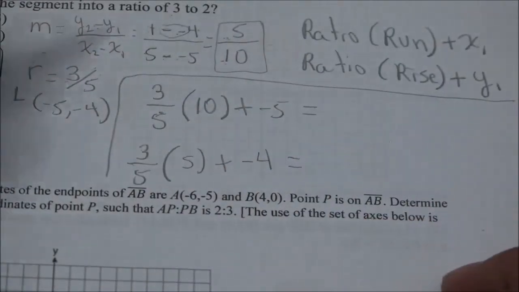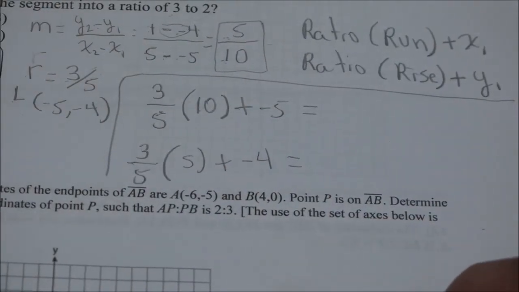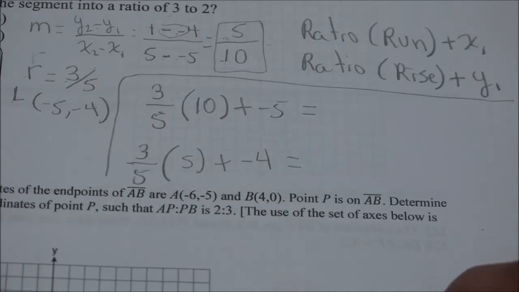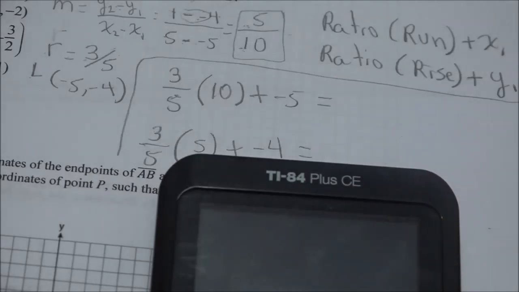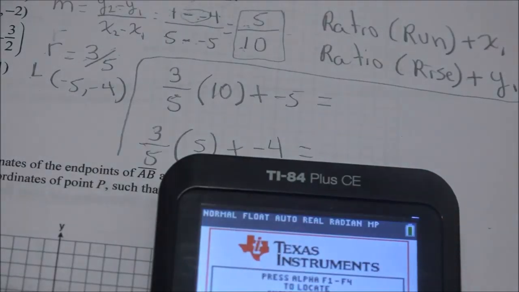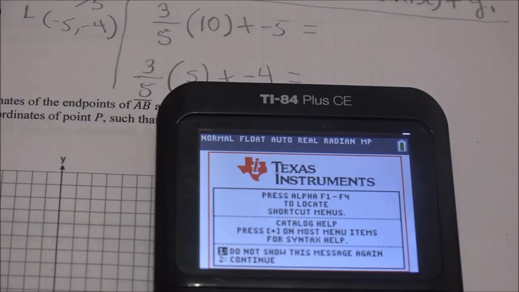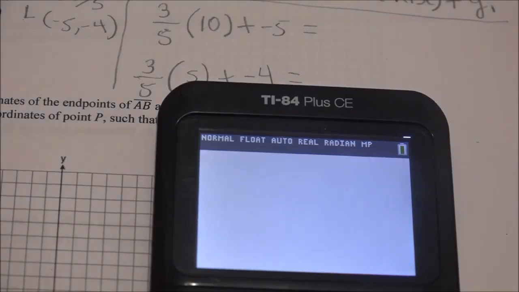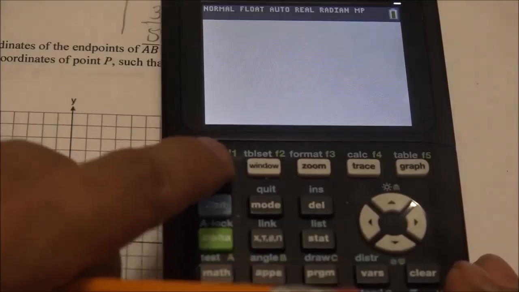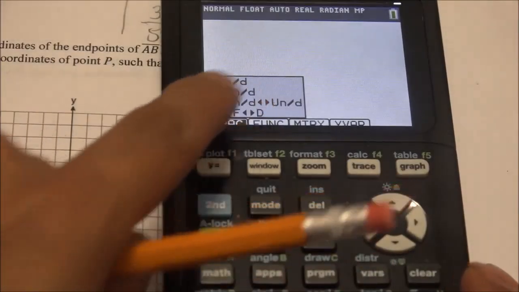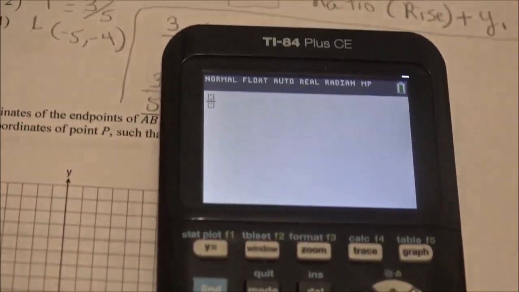Okay, so let's see now. There are two ways in which I can do this. I could just plug it in the calculator. If you have a TI-84 Plus, then you could press alpha, y equals, and you get numerator over denominator, the fraction type.